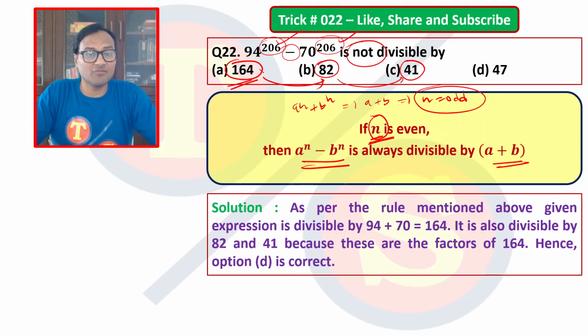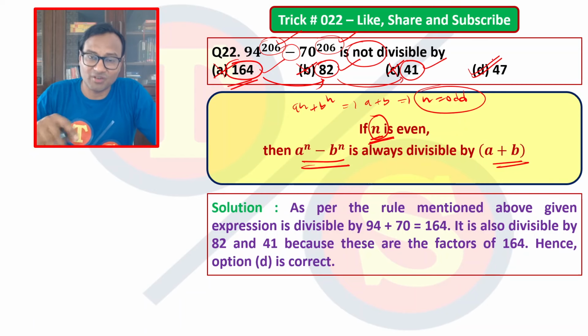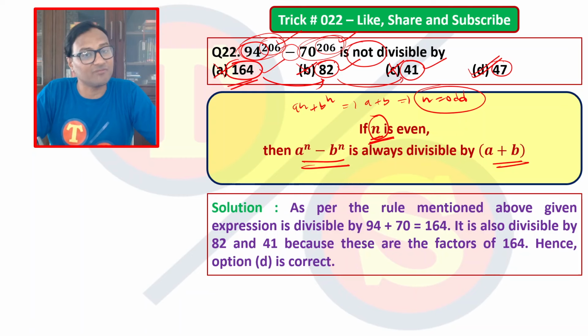So if 164 is a factor, then 82 is also a factor, 41 is also a factor. So they cannot be our answer. Again, through the elimination procedure, we can say for sure that answer option D is the correct answer. Anyway, 94 is divisible by 47, 47 twos are 94. So the first number is divisible by 47, but the second number is not, and that is why their difference is also not divisible by 47.